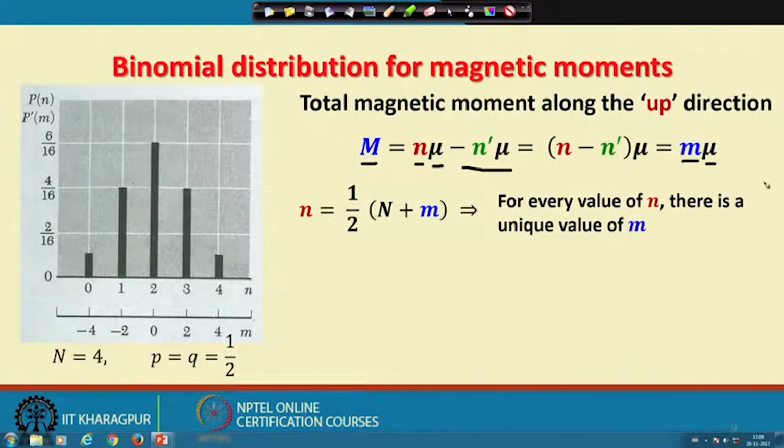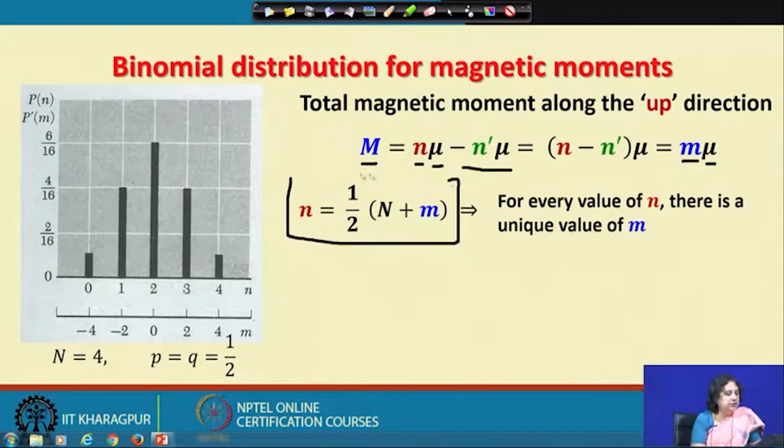Now, it is possible to do a little bit of algebra and show that initially we were using small n, and now I am going to use small m as my independent variable in my binomial distribution. For every value of small n, there is a unique value of m, given by this expression, which follows from the definition of the total magnetic moment.